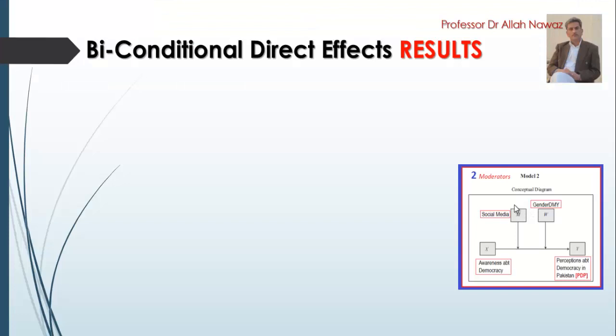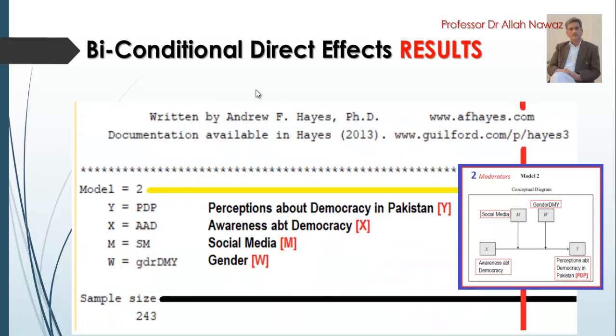So we have now computed the results by applying Model 2 from the Hayes database to process the results about how X is affecting the Y variable in the presence of two moderators. The first result is always in descriptive form. The process model gives you the description of what model has been used, which is the dependent variable.